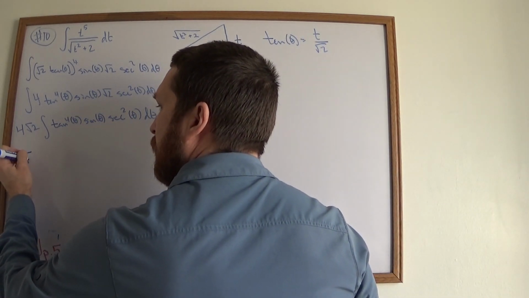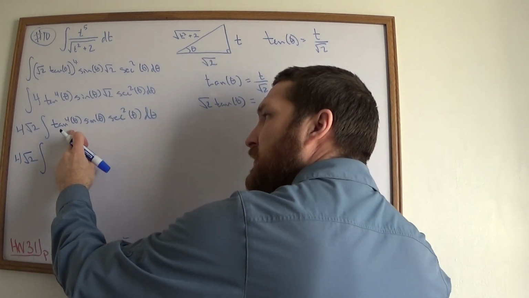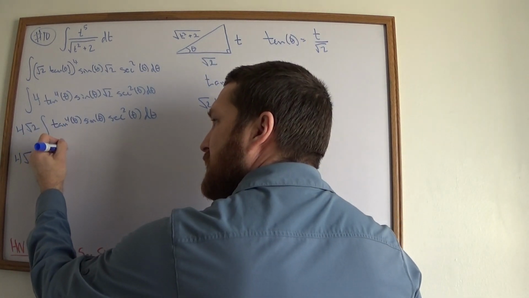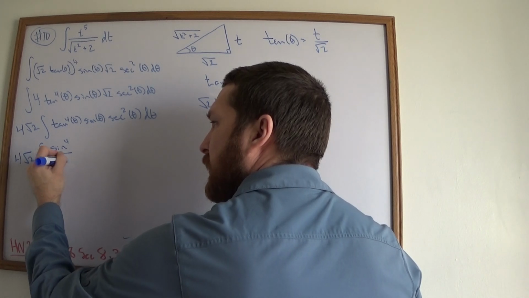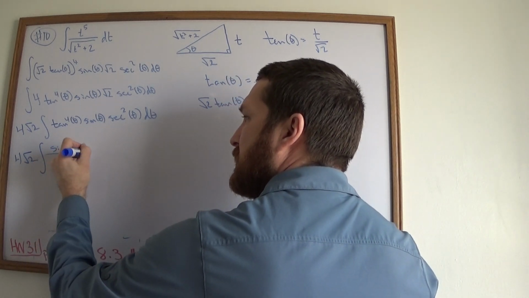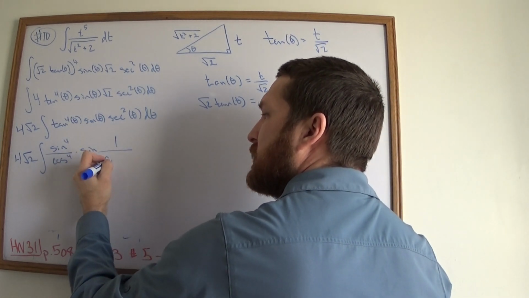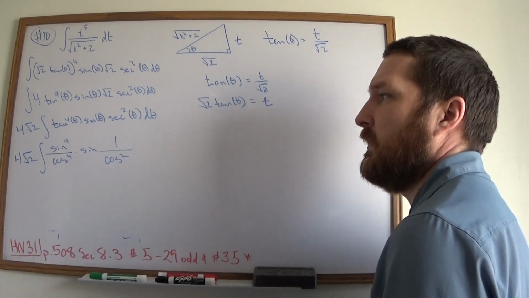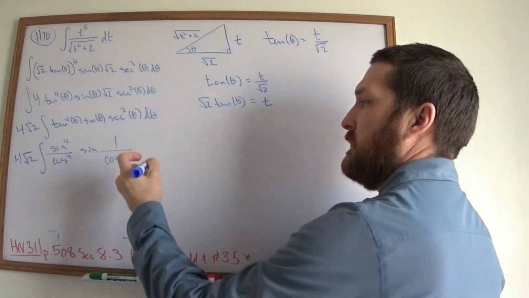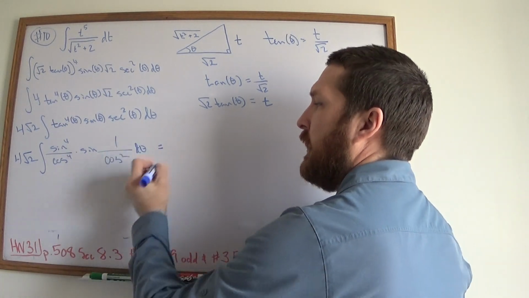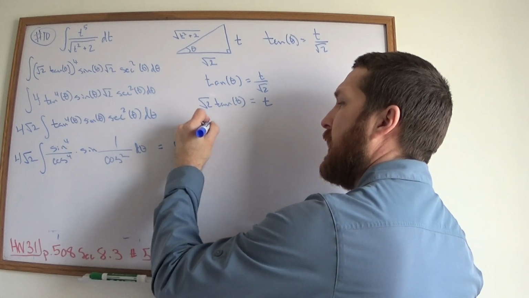We have 4 root 2. Tangent to the 4th is the same thing as sine to the 4th over cosine to the 4th. Secant is 1 over cosine, so secant squared is 1 over cosine squared. That's a lot easier. My 4 root 2 comes along for the ride.